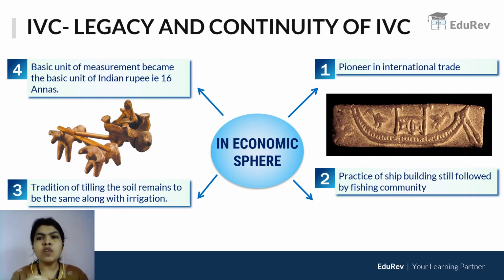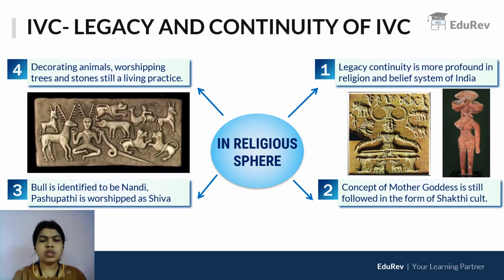And the unit of measurement which was present during the IVC time became the basic unit of the Indian rupee also, because this 16 annas is present in Indian culture. Similarly, 16 or multiples of 16 were the basic source of measurement in IVC. So there is some sort of continuity, right? And then we are moving on to the religious sphere.